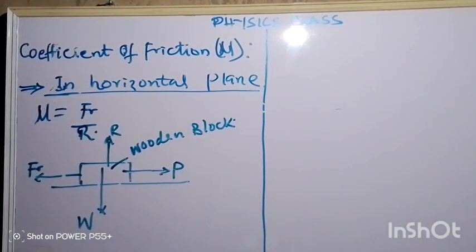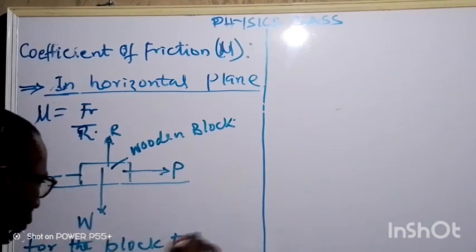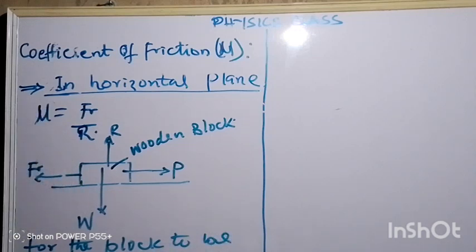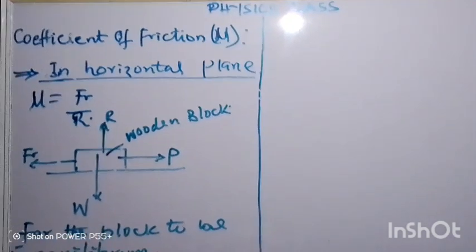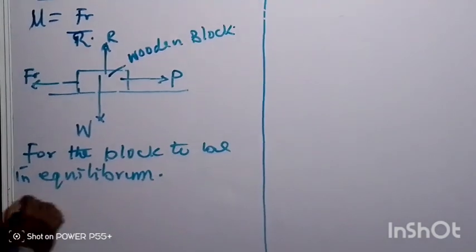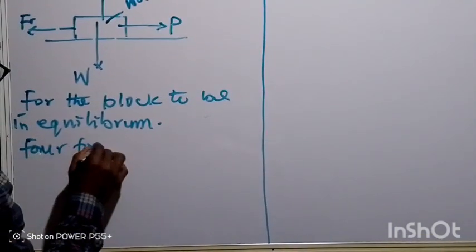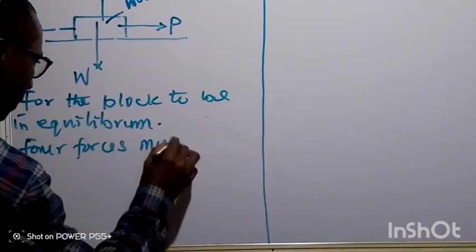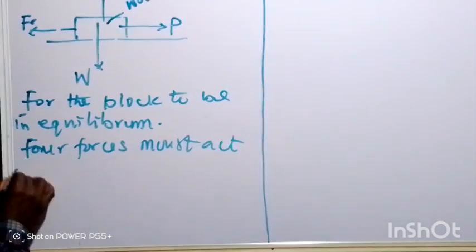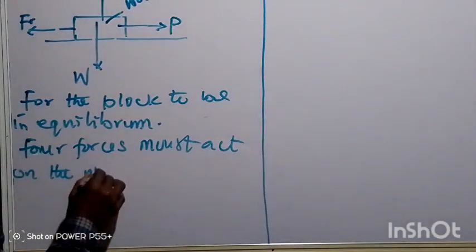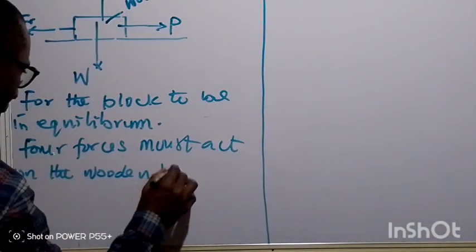Now, as I said, for the block to be in equilibrium, four forces must act on the wooden block.